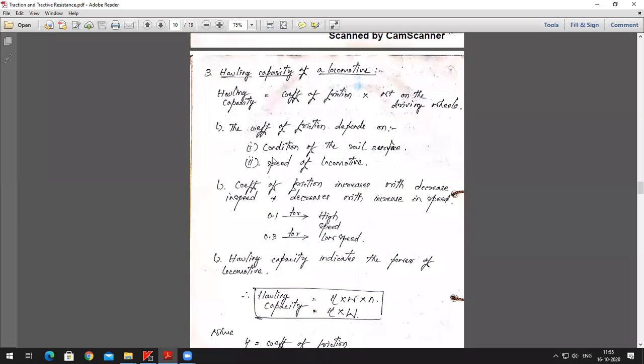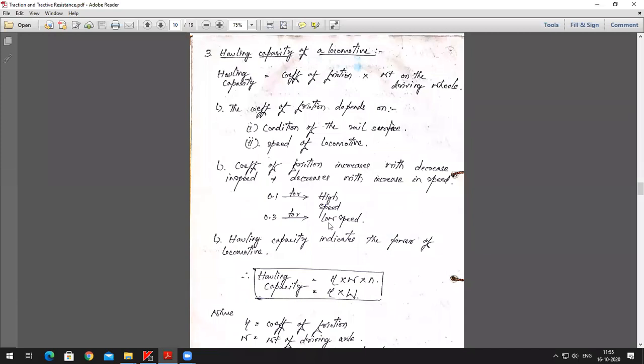That's how it relates. So the coefficient of friction increases with the decrease in speed, and it decreases with the increase in speed. That is what is being shown here. So normally when the vehicle is moving at a high speed, you will assume the coefficient of friction as 0.1, and at a low speed the coefficient of friction is 0.3.